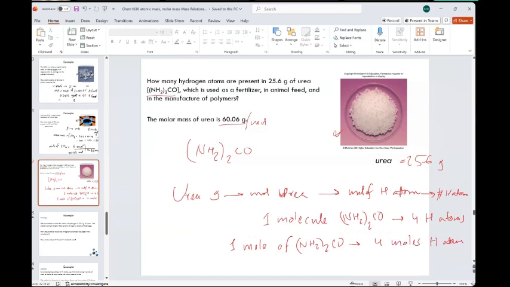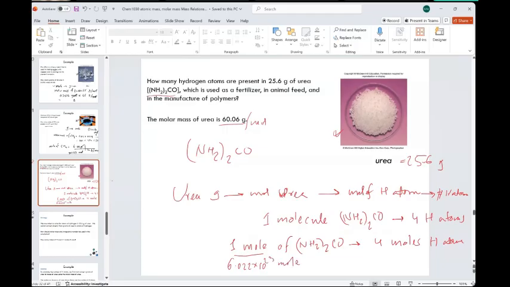Because when I say 1 mole, I am saying 6.022 times 10 to the power 23 molecules.